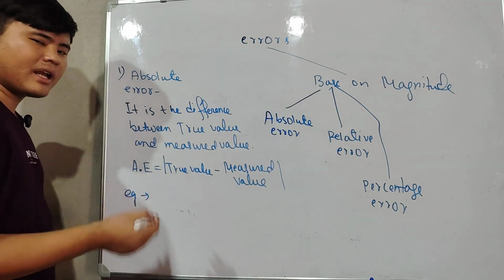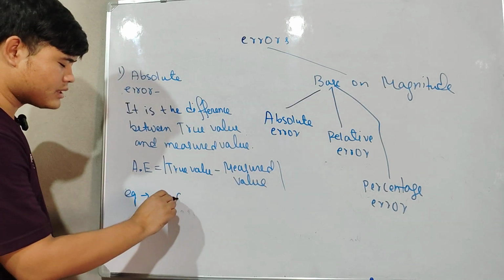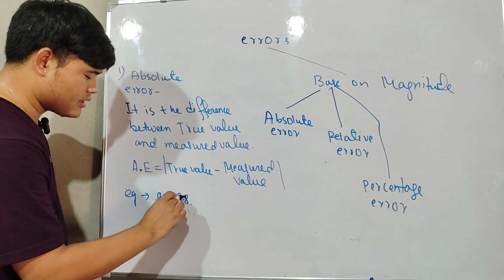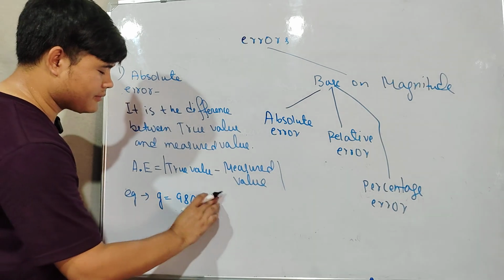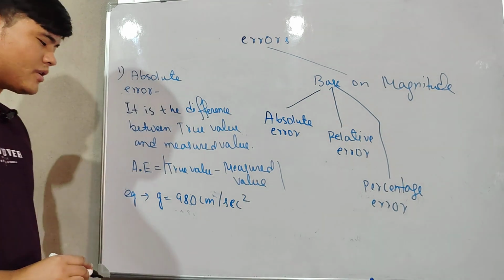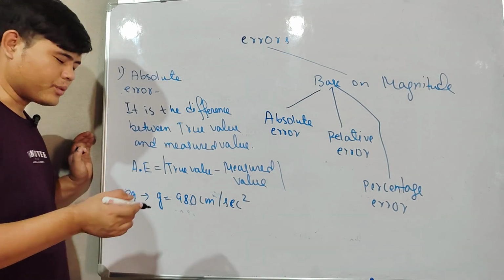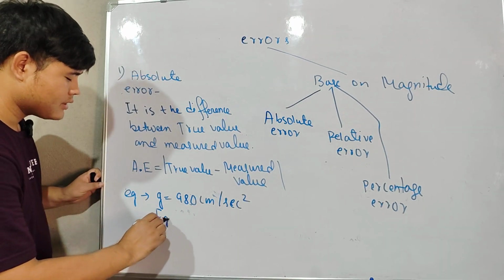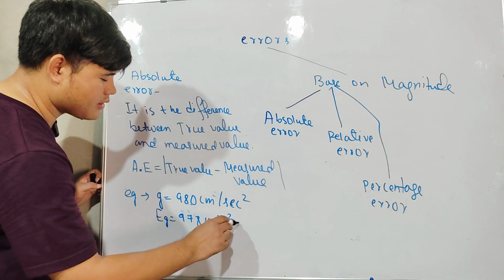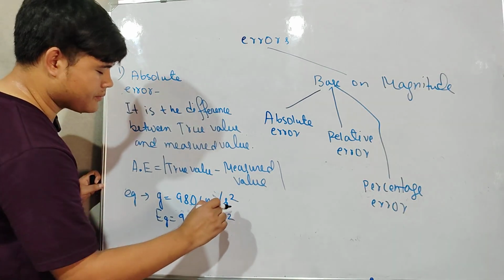Now an example. Suppose the acceleration due to gravity. What is this value? In CGS it is 980 centimeter per second squared, right? Now when we try to find it with the help of an experiment, suppose we got the experimental value as 978 centimeter per second squared.